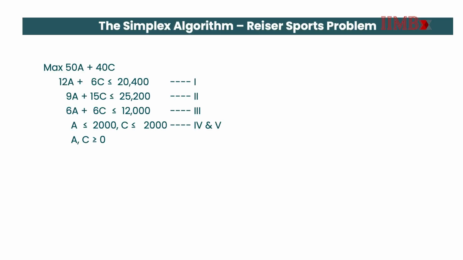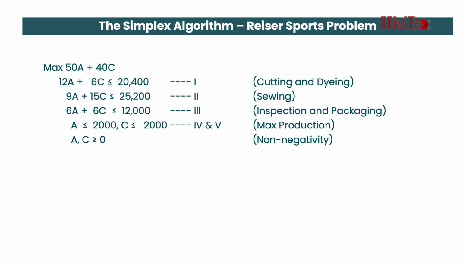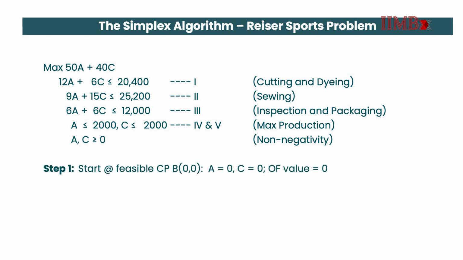On the Riser Sports example, here is the problem that we had. We could start at the feasible corner point B (0, 0) like we said, where we are not making any footballs and the objective function value is 0. In step 2, we will ask the question, is (0, 0) an optimal solution? Clearly it was not.